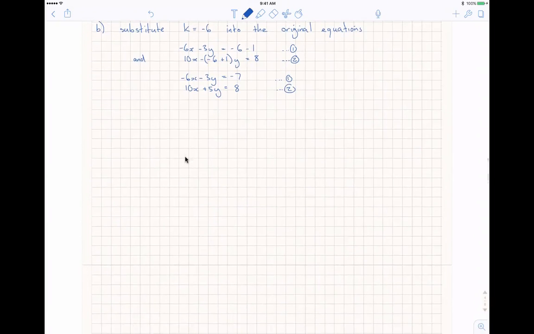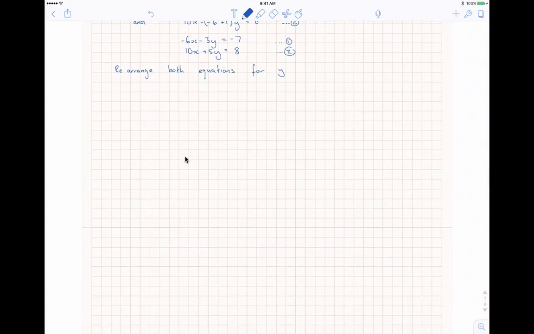So we need to rearrange both equations for y so that we can compare them. This time we're going to be comparing the gradients and the y-intercepts to see if they're parallel or if they're on top of one another. So equation 1, taking the 6x to the right hand side, dividing through by minus 3.